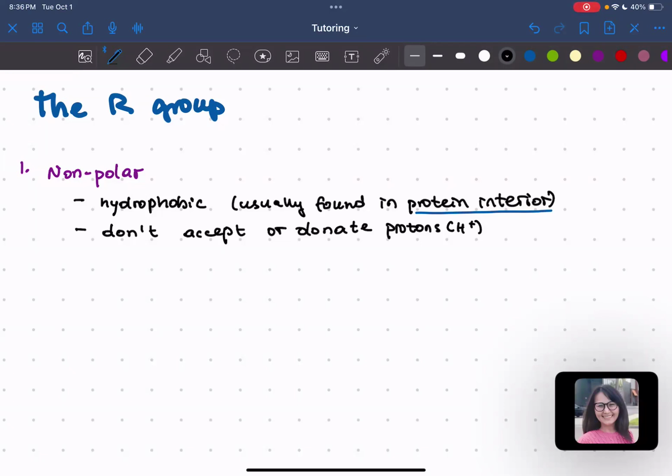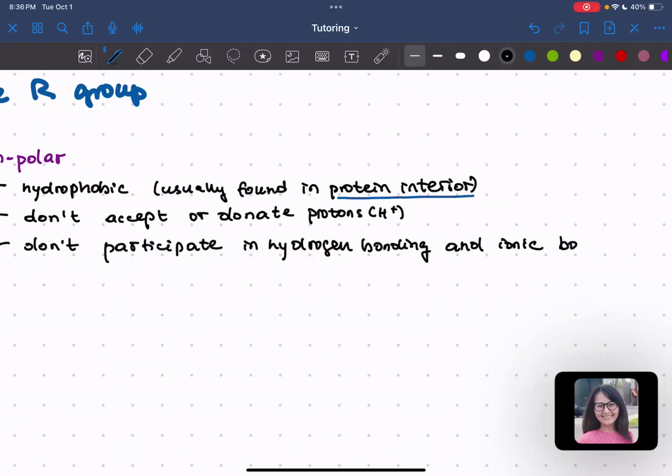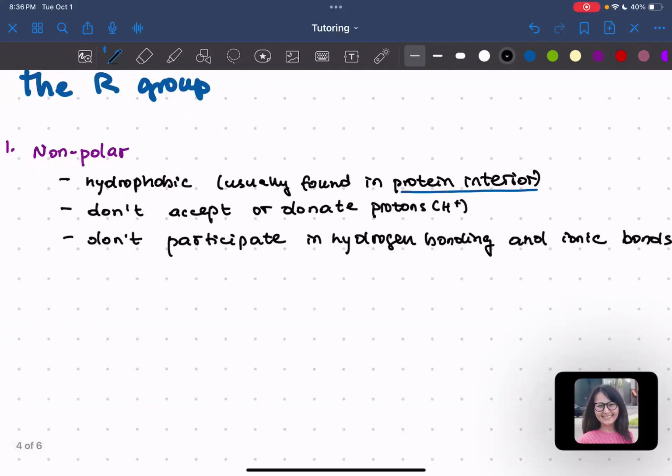Another thing is they do not participate in hydrogen bonding and ionic bonds. That's very nice to memorize.